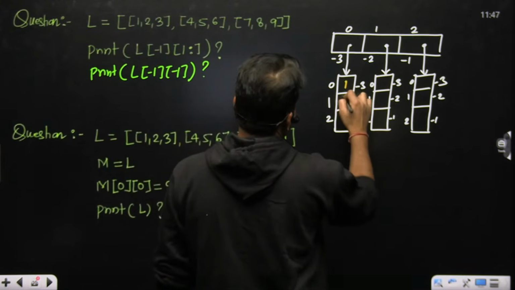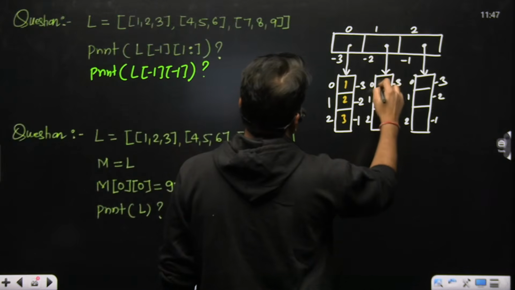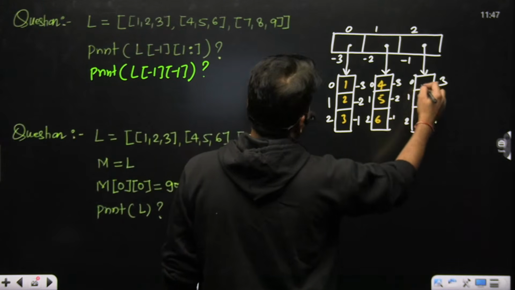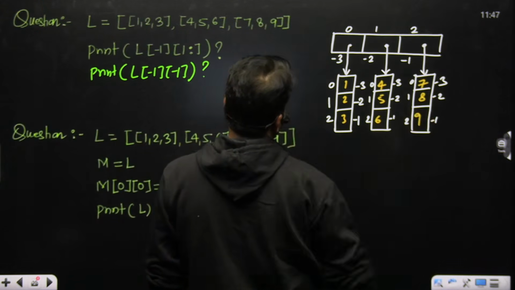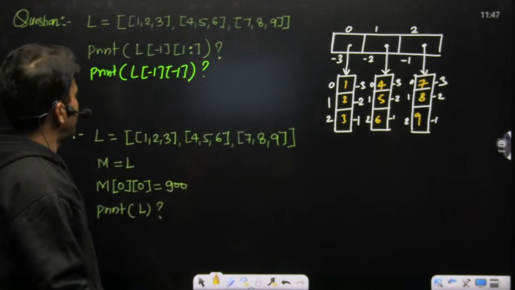First value, this is 1, so 2, 3. This is the representation, and L is pointing to this.